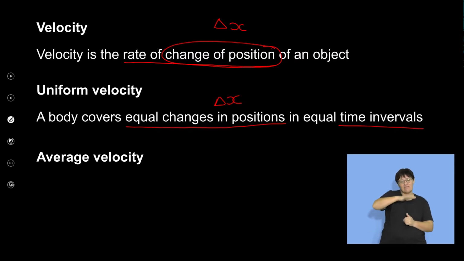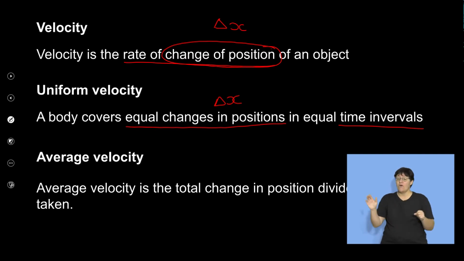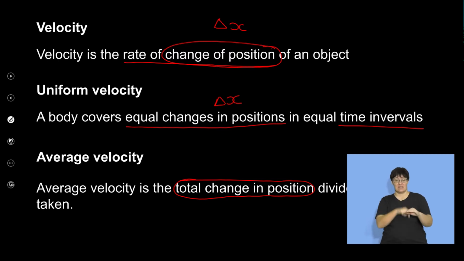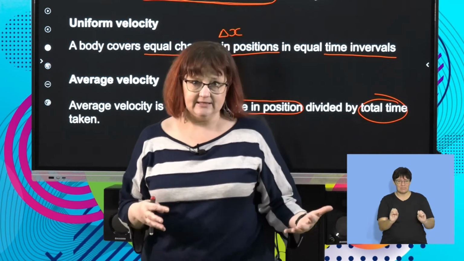Then we get average velocity, which means now we take total change in position divided by total time. Do you see they're very similar, speed and velocity? The difference, it's not the time that's the issue.